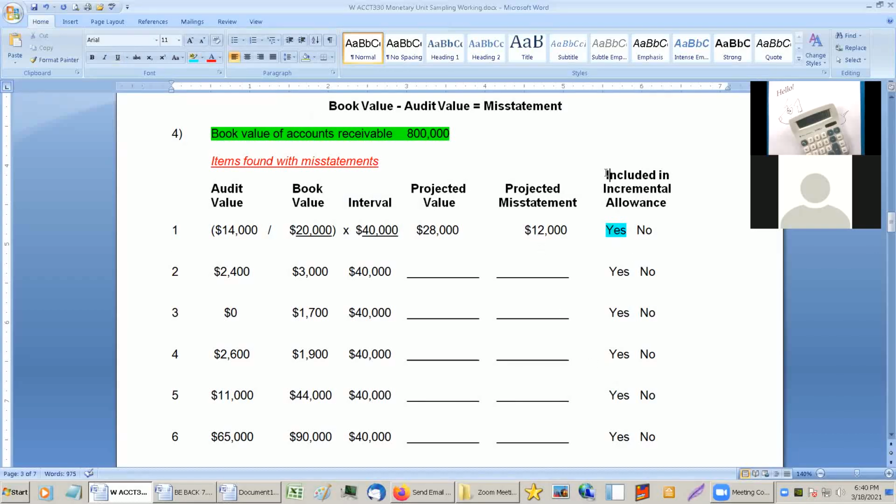And again, I know I haven't told you how we're going to do this incremental allowance, so hold off on that for a minute. There's a lot to this method. It actually is easier than the other methods, but it doesn't seem that way when you first go through it. Okay, coming down here, kind of the same thing.